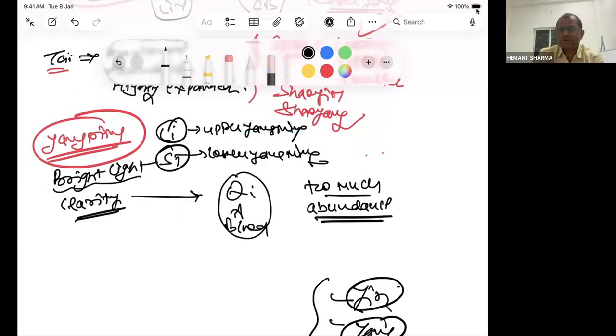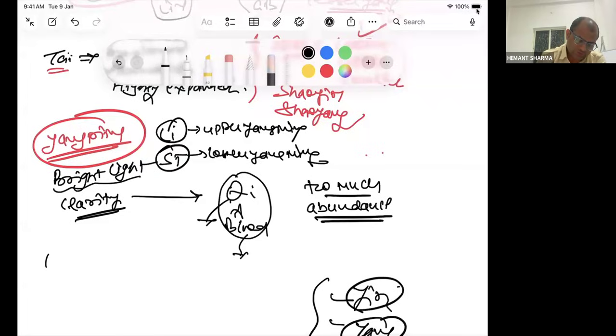Chi and blood, it's very important information. Why? Suppose someone is suffering with a blood deficiency or chi deficiency, we can think of Li and St. Okay. So this is the meaning of yang ming, Li and St: bright light, clarity, too much chi and blood.